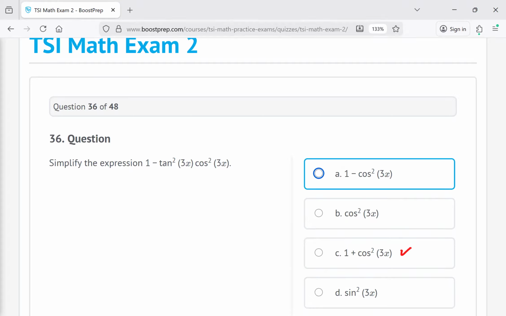Actually, no, you don't have to use your Pythagorean identity. You can use one of your trig identities.